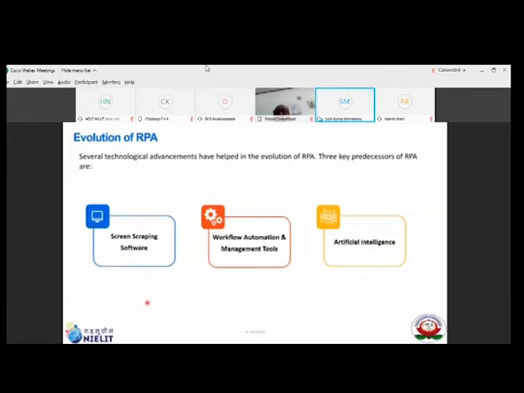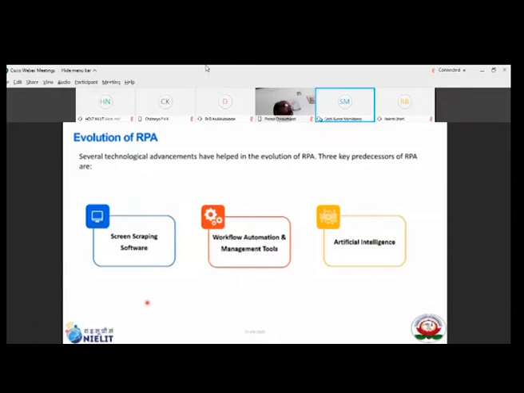That is where bots have also evolved, and they no longer need the users. This is where we call it unattended RPA. This is the third evolution, where you just configure wherever human intervention was necessary and trust that bot to do the work for you, and it does it for you.